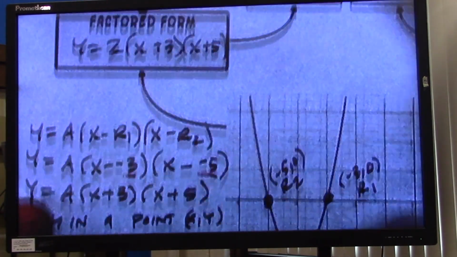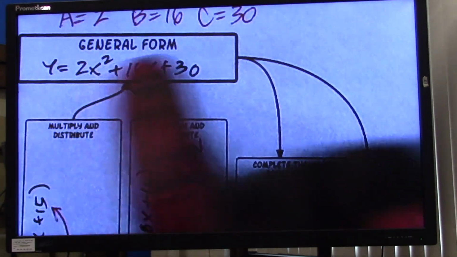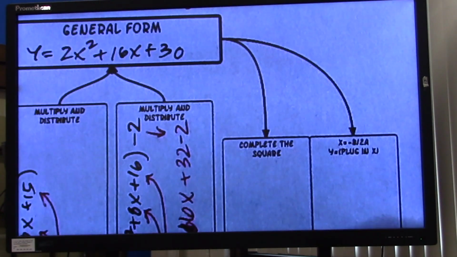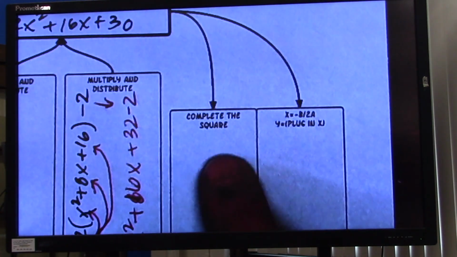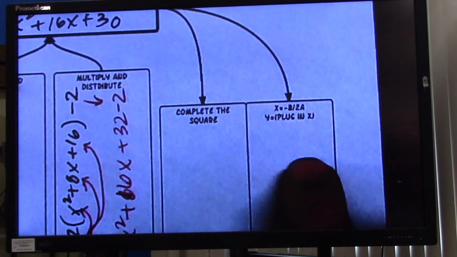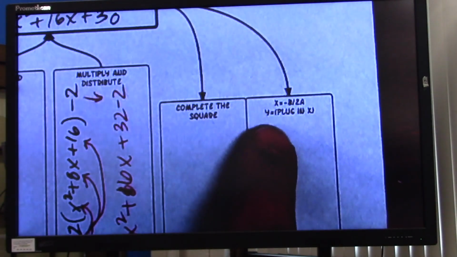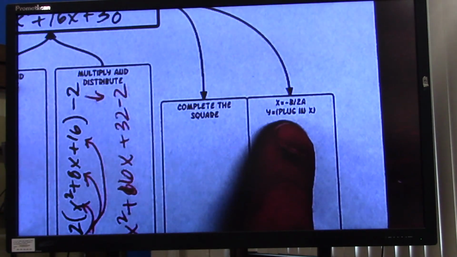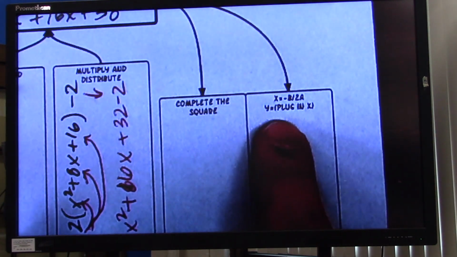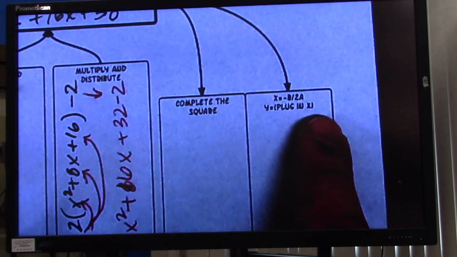Okay, so that's all of this side of it. I'm going to skip factoring, like I said. I'm going to go over here instead, and we'll pretend, what if we're trying to get back to vertex form? There are two different methods here, and again, I'll just show you one today and another later. We're going to do the far right one: x is negative b over 2a, and then y equals plug in x.